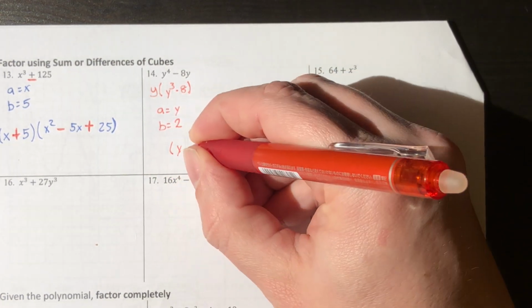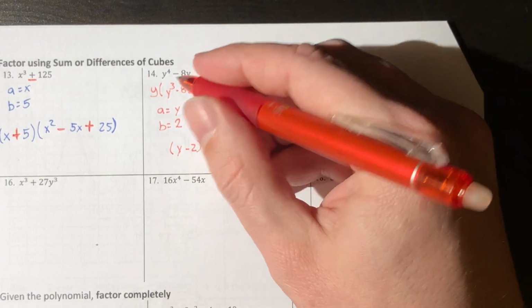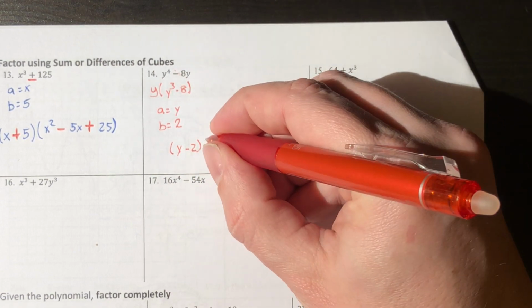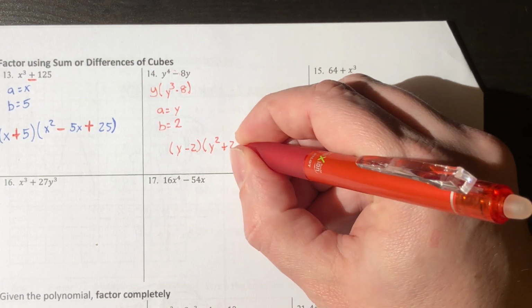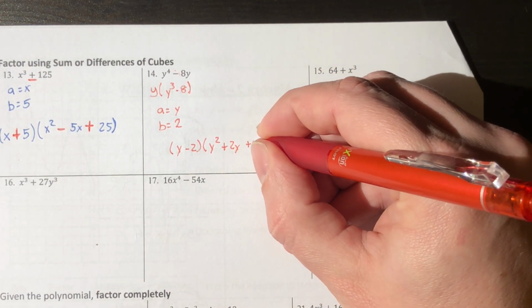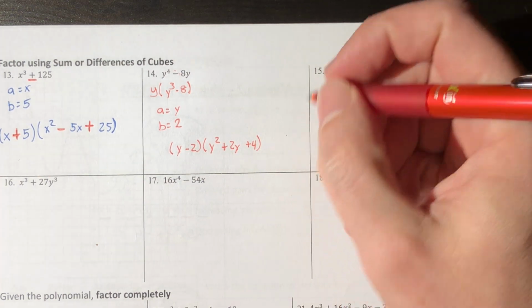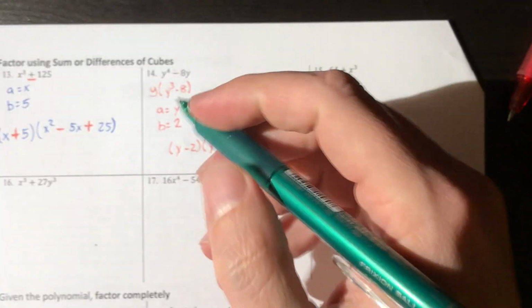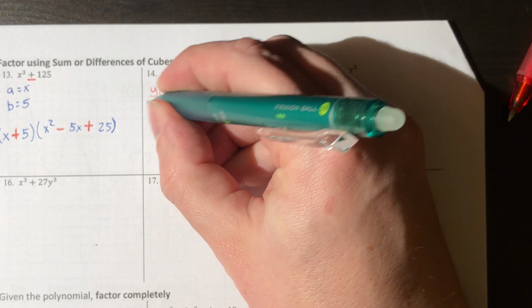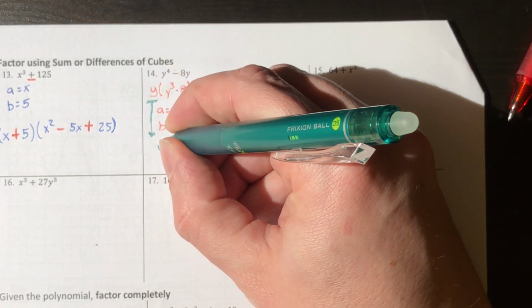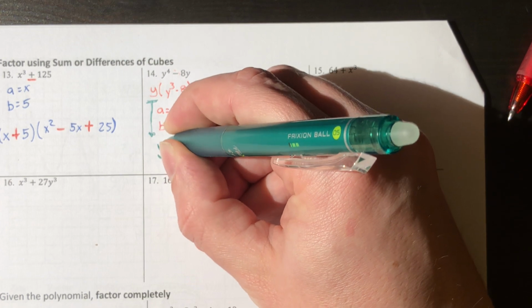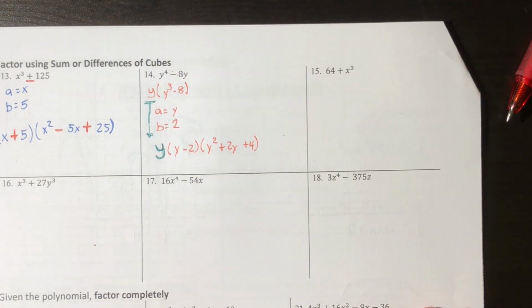So I've got y minus 2, minus because I started with subtraction, y squared plus 2y plus 4, but I can't forget this y that I pulled out originally. That needs to come down and still be part of this factor, if it all factored out.